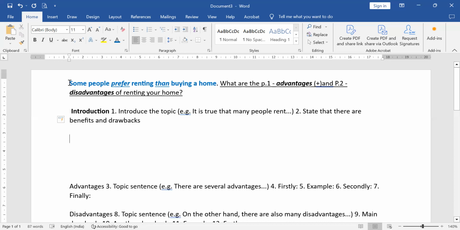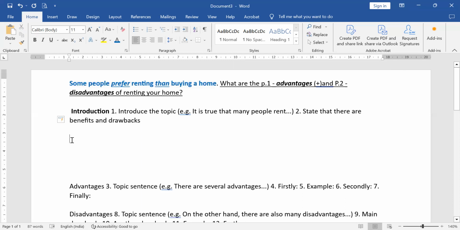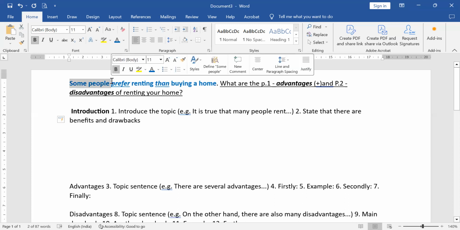What does the sentence say? Prefer renting than buying. So the question says, I'm not saying it. The question says some people. Is it my opinion? No, it is somebody else's opinion.